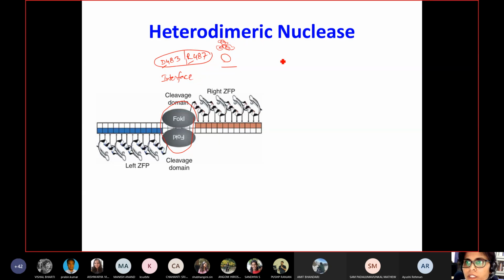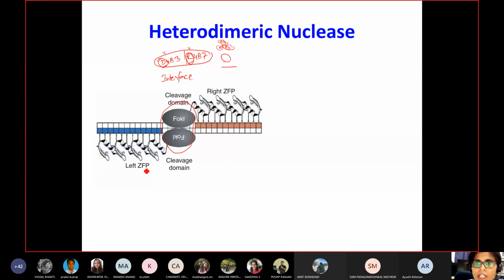That means your dimer interface is not only dependent on these two amino acids. If you mutate these residues, dimers can still form.